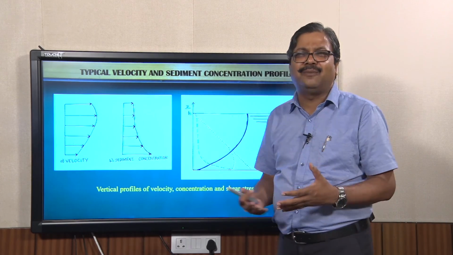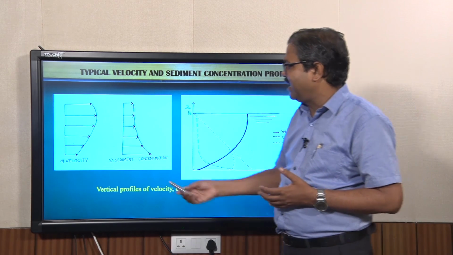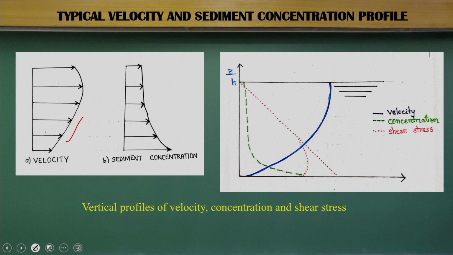If you come to a typical velocity diagram given in any textbook of river mechanics, they say the velocity is a logarithmic distribution, and sediment concentration from the free surface follows an exponential decay function. But does it happen for the Brahmaputra river? No. Most river mechanics books consider this variability in terms of velocity distribution and suspended sediment concentration.